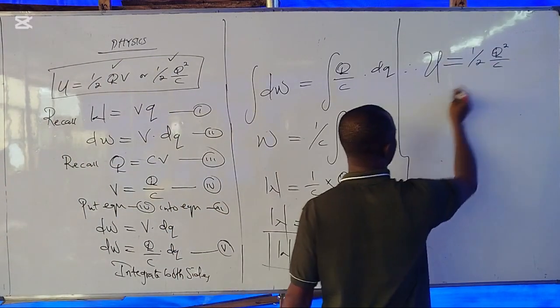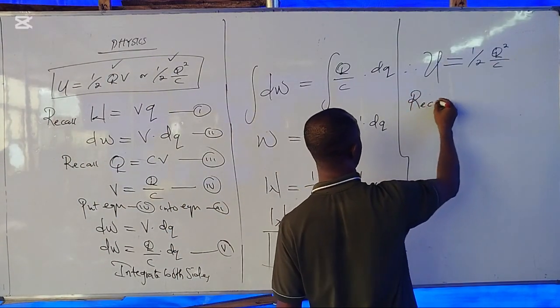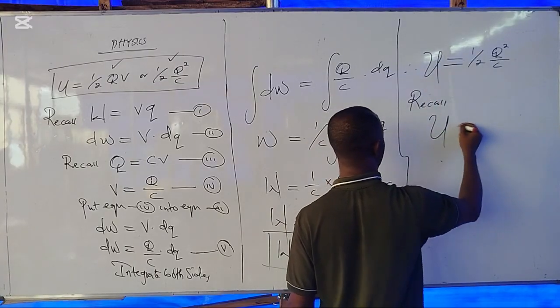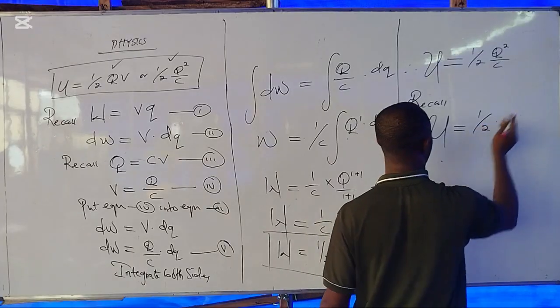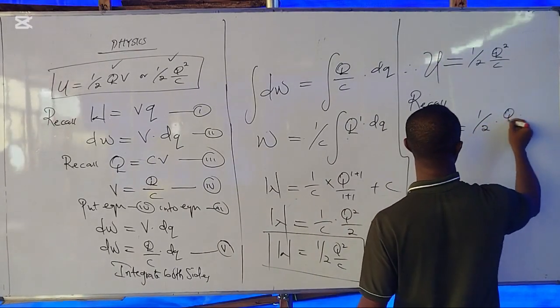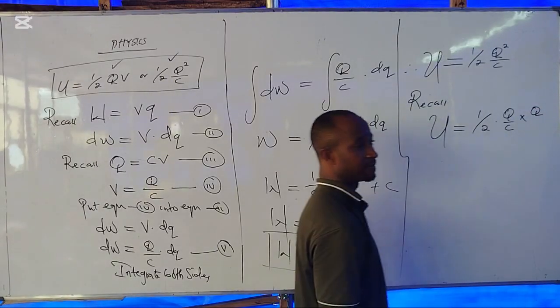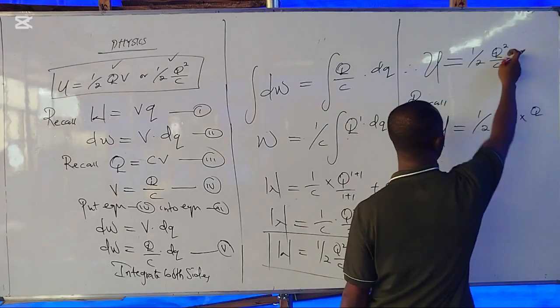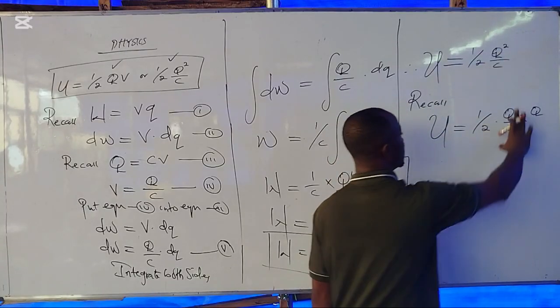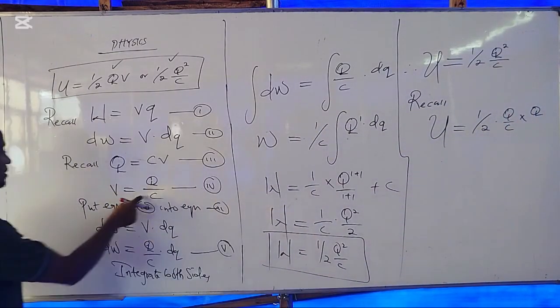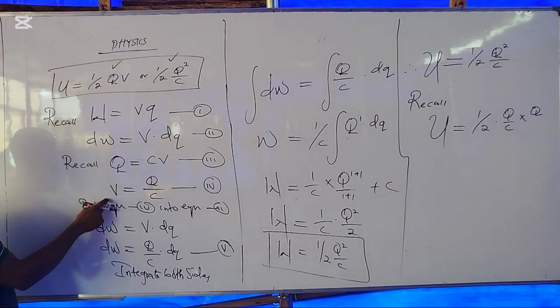I can express this. Recall that this can be expressed as what? Half times Q over C times Q. Do you agree with me? Because Q times Q is what? Is Q square, right? So Q over C, what we define as? V. Do you get the gist?